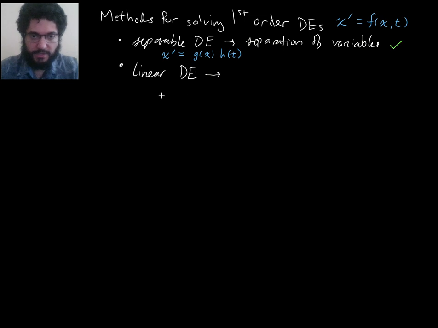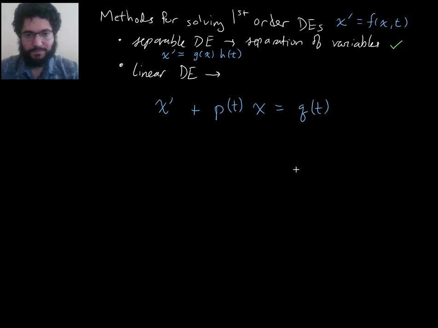Linear differential equations, on the other hand, have the following form. x prime of t, but I'm not writing that, plus a function of t, let's call it p, times x, equals a function of t. Let's call that one q.